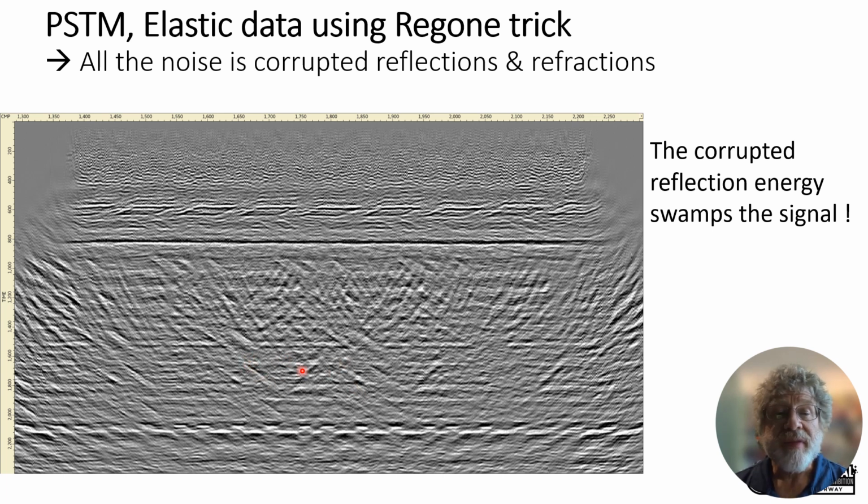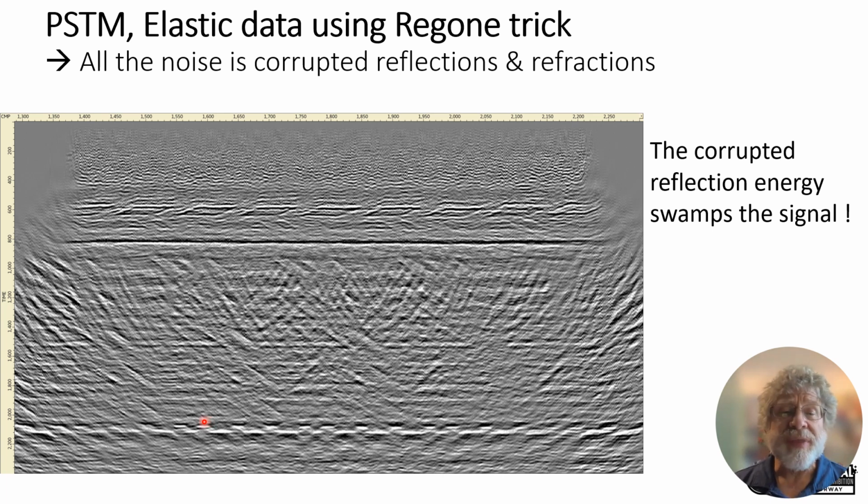They're faint. If you do only acoustic modeling, they actually come out beautifully. But you see there's a lot of noise that corrupts the image and actually swamps the signal. And here's the booming bottom of model reflection. And it comes out sort of okay.